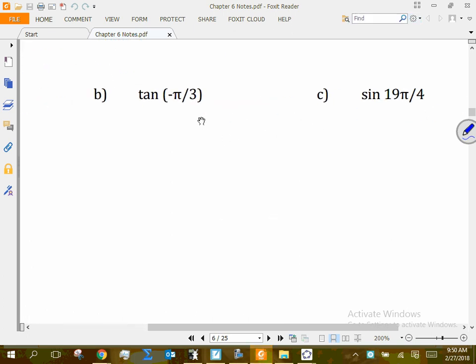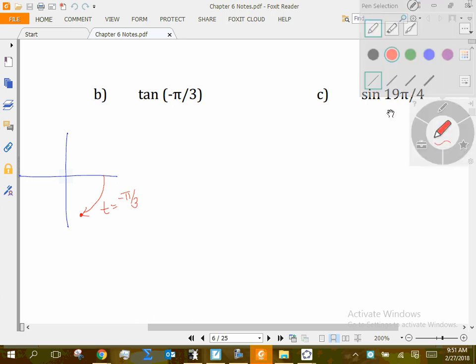So let's do tangent of negative pi over 3. Tangent of negative pi over 3. Negative tells me what? I'm going to go that direction. Okay, so that might be t is negative pi over 3.